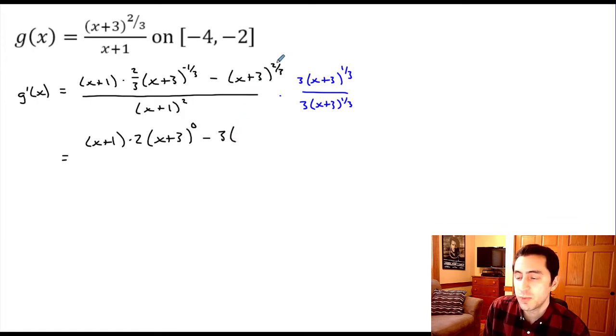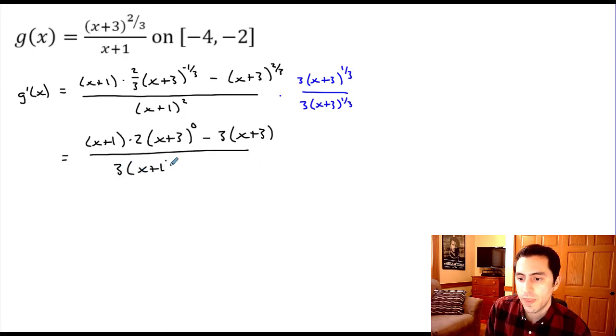And now (x + 3)^(2/3) times (x + 3)^(1/3), I get (x + 3) to the first power. And then in the denominator, we're going to have 3(x + 1)^2 and the (x + 3)^(1/3). So now let's just simplify our numerator, and we should be able to identify our critical numbers.